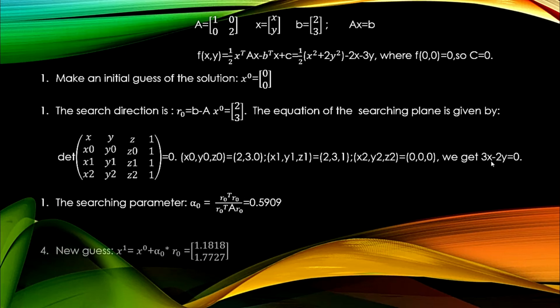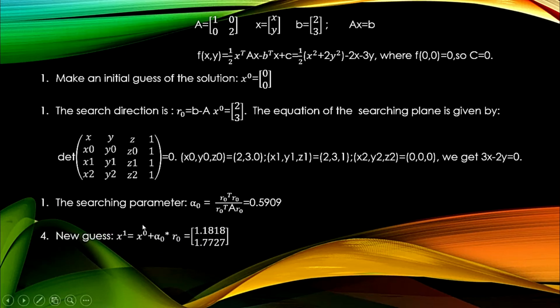Now the most important parameter here is alpha naught, and this alpha naught tells you how much to move along the direction of r naught to get the minimum value of the intersecting curve. So x1 = x naught plus alpha naught times r naught.